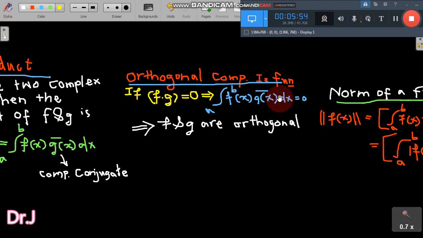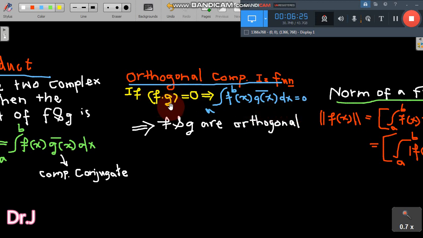Now let us take the orthogonality of L2 functions. Suppose f and g are two complex L2 functions, as we have just explained, and suppose their inner product equals 0. That is, by definition, the integration from a to b of f of x times the conjugate of g of x equals 0.